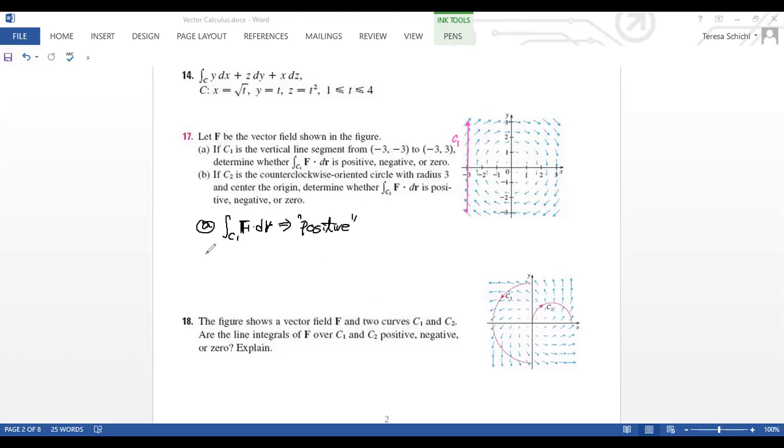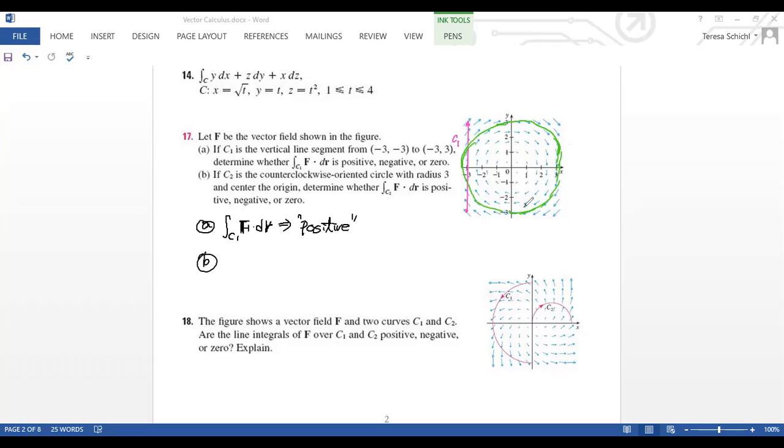Okay, now let's take a look at part B here. Part B says C2 is a counterclockwise oriented circle with radius 3, centered at the origin. So this is my next curve here, my green curve, similar to this, right?